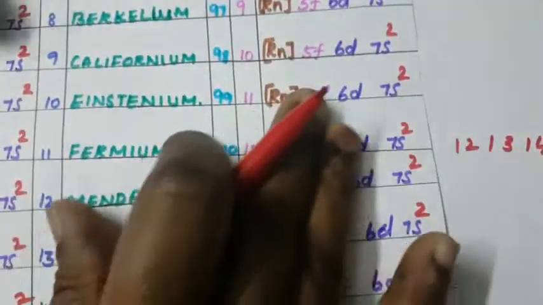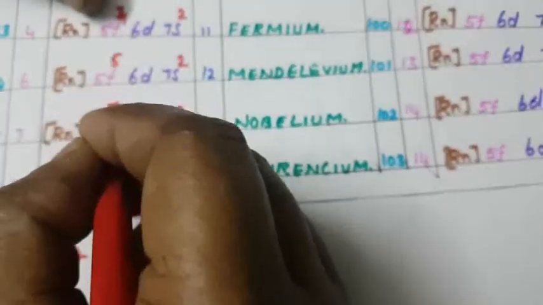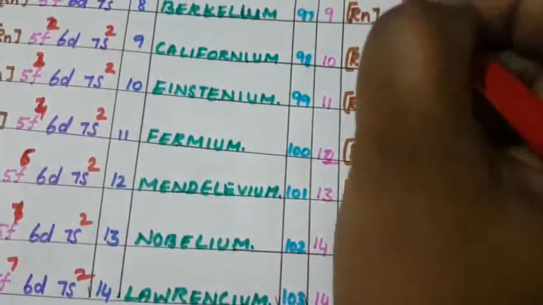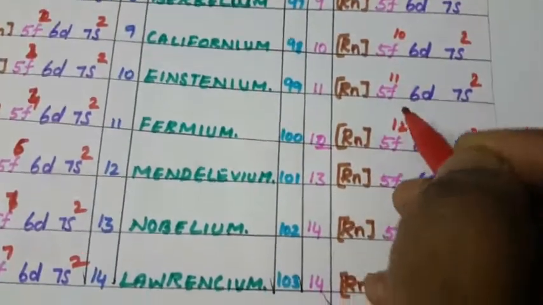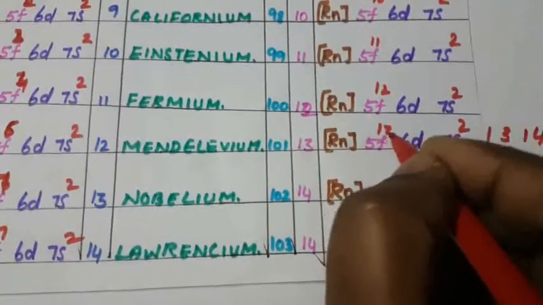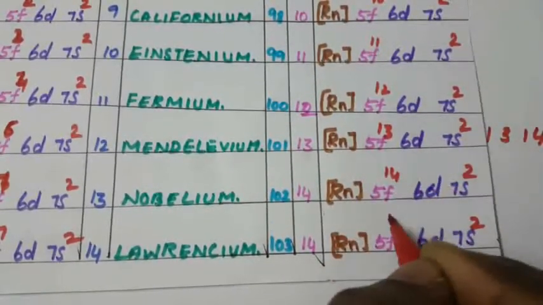Here also 8 is not coming. This is also 7. 4, 5 is not coming. Writing here 6. This is 7. Here 9, 10, 11, 12. Then 13, 14. Then 14.